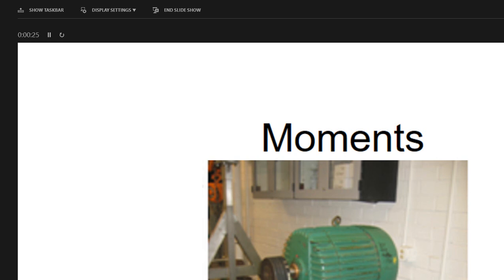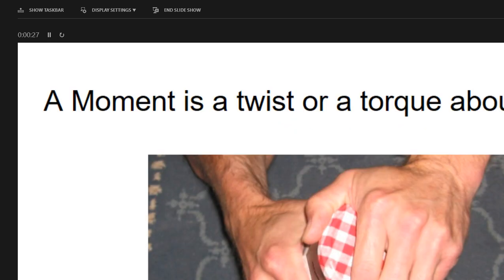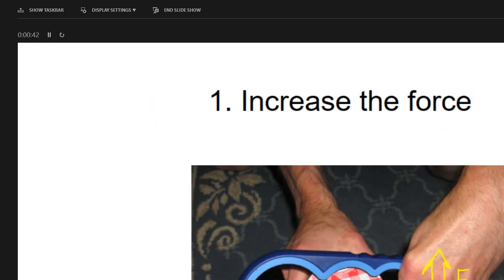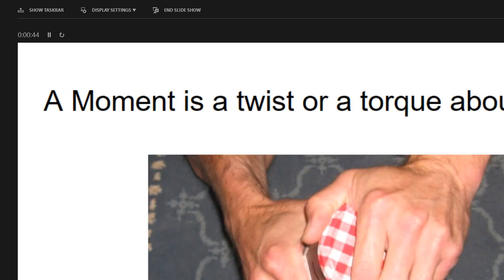It's a twisting action. Okay, so a moment is a twist or a torque about an axis.